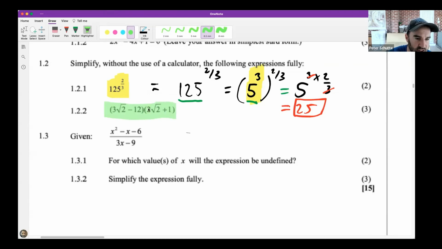This is what's called a surd expression, and students sometimes find them a little intimidating. So let's just see that you can do those. And then once you've got the answer, pop it in the chat.